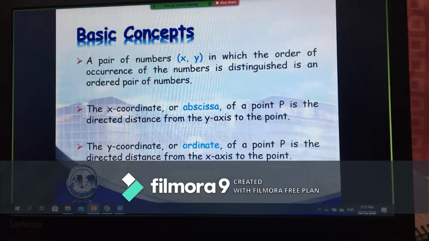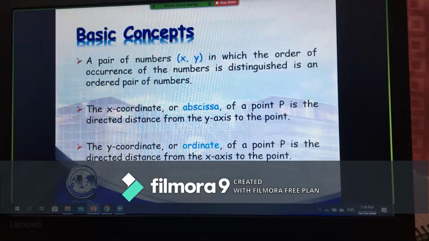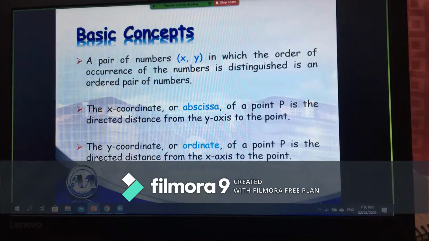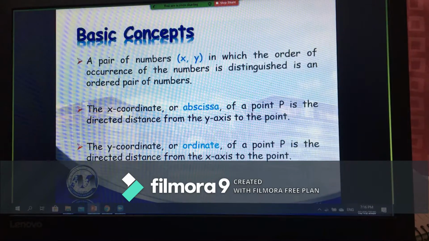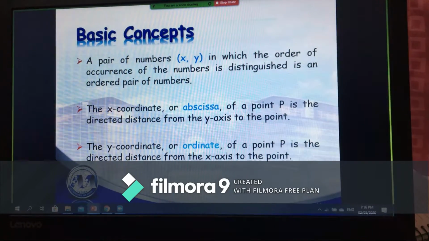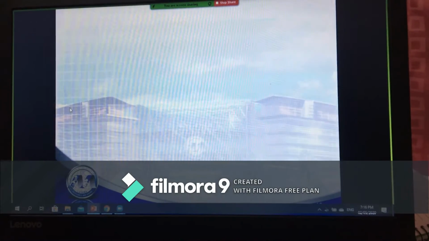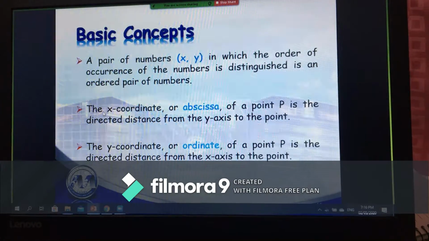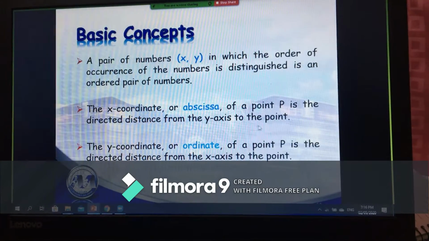To be specific, class, para hindi tayo magkamali, sabihin natin na we use the x and y coordinates, meaning yung x or horizontal line, we call it an x axis, and the vertical line we call it as y axis. So we can say from this statement that the x coordinate or abscissa of a point P is the directed distance from the y axis to the point.